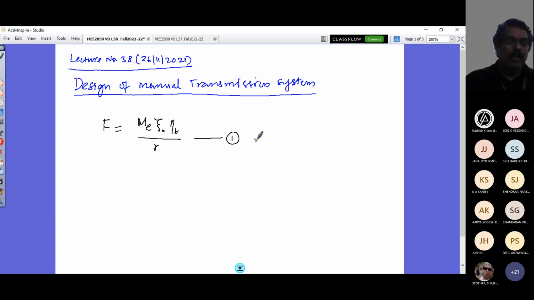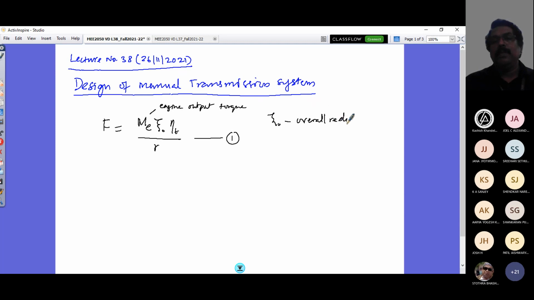This is the equation to be understood first. In this, what is ME? It is the engine output torque. And what is zeta naught? That's the overall reduction ratio. What is eta T?